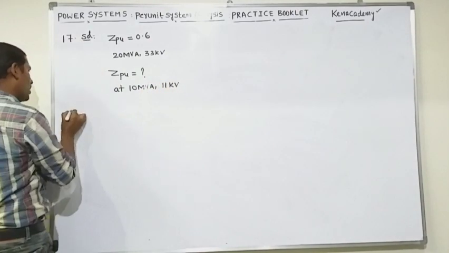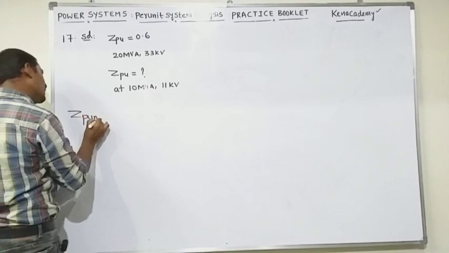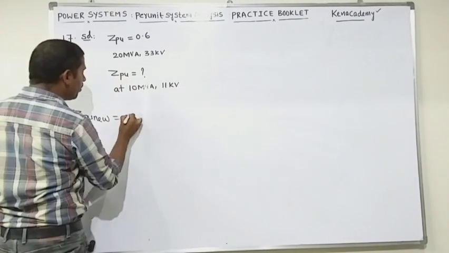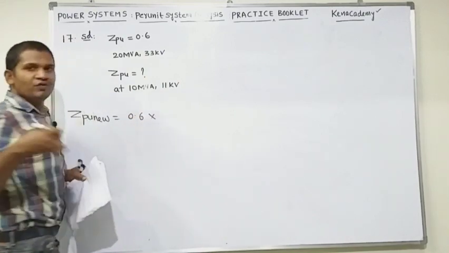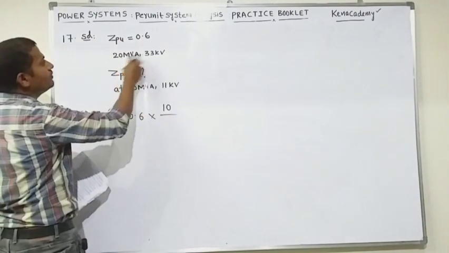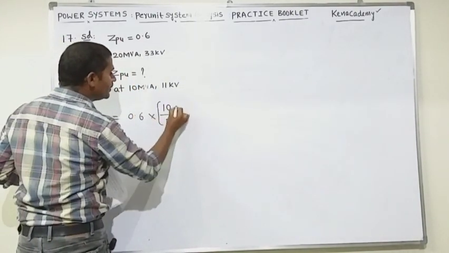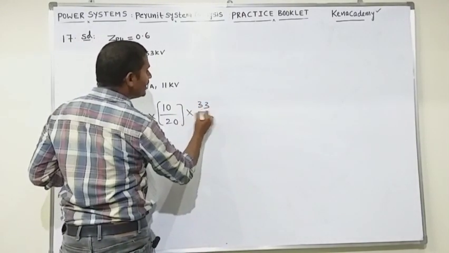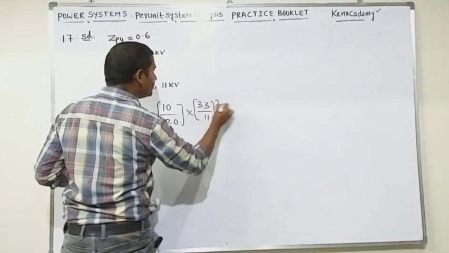Students, apply the formula. Z per unit new equals Z per unit old, which is 0.6, into MVA new over MVA old. MVA new is 10 MVA, MVA old is 20 MVA, into kV old squared over kV new squared. kV old is 33 kV, kV new is 11 kV whole square.